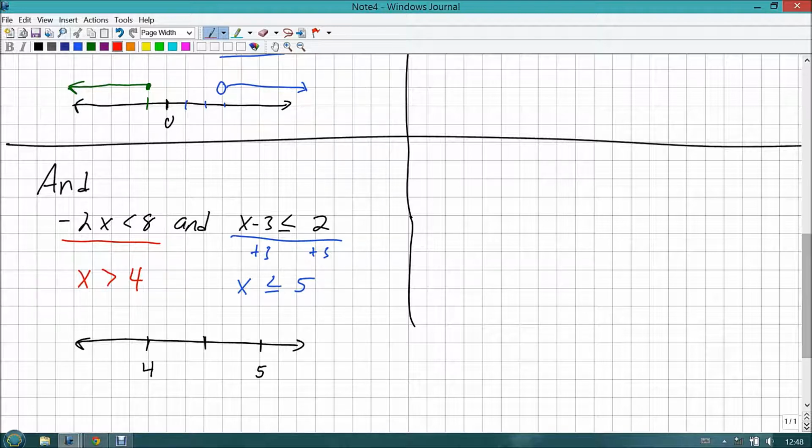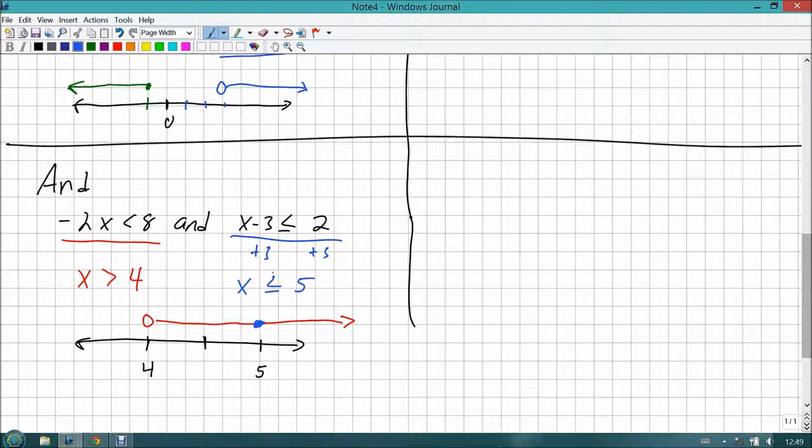So for the red one says x has to be greater than 4. Since it's not a solid line underneath, in other words, we don't have a bar, we're going to have an open circle. And then it says x has to be bigger than that, so I know that I'm going towards the right with my purple. Now with my blue, I'm at 5, and because I have a bar, I have a solid dot.